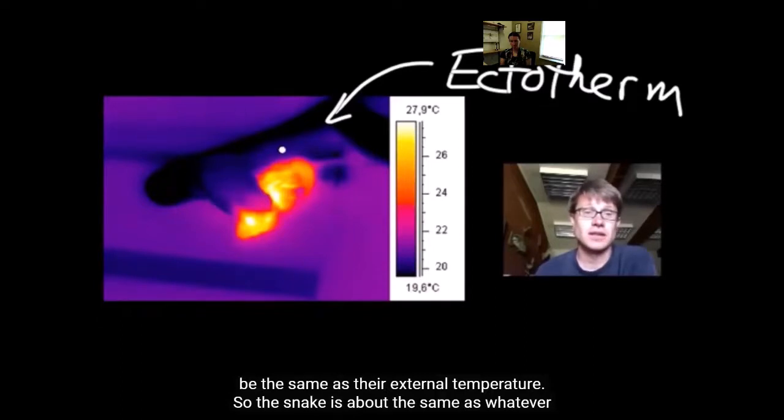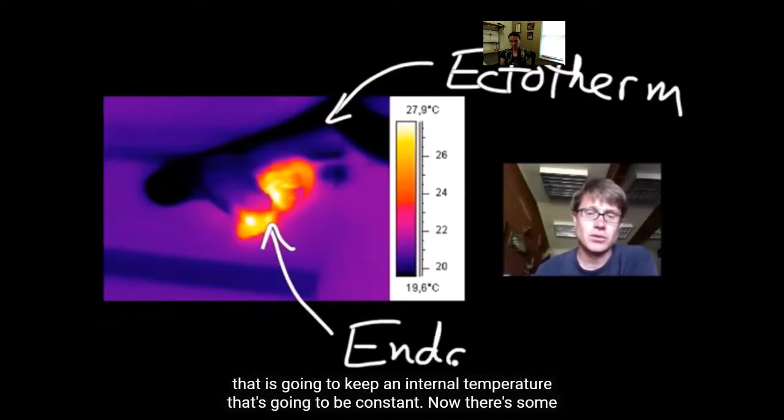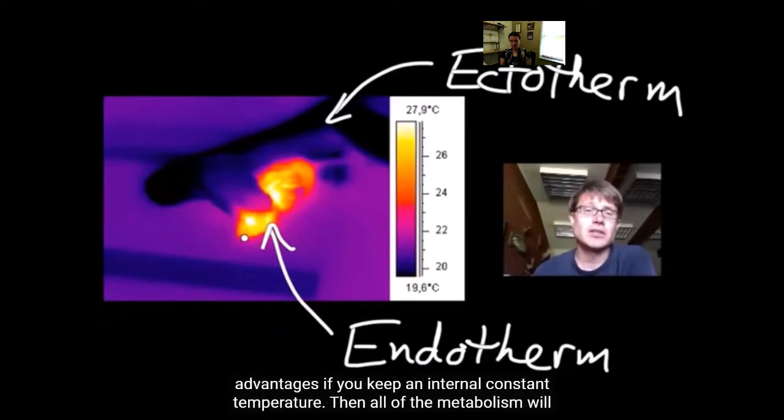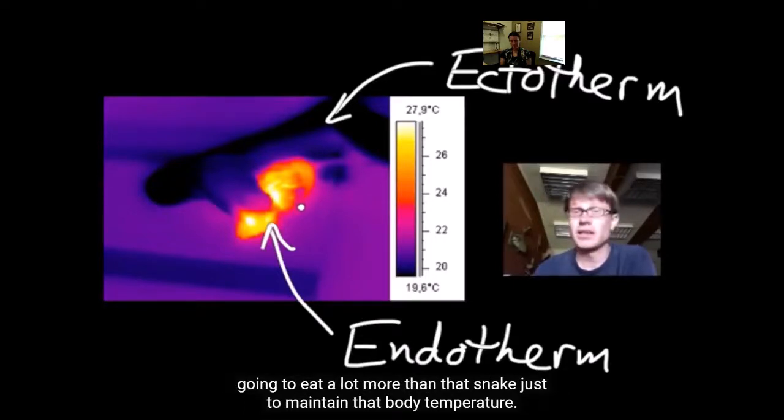So the snake is about the same as whatever the counter that it's sitting on, but the mouse is going to be an endotherm, and so that is going to keep an internal temperature that's going to be constant. Now, there's some advantages. If you keep an internal constant temperature, then all the metabolism will work at the same exact rate. The problem with that is that the rat right here is probably going to eat a lot more than that snake just to maintain that body temperature.